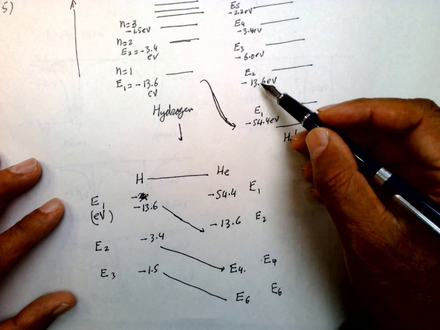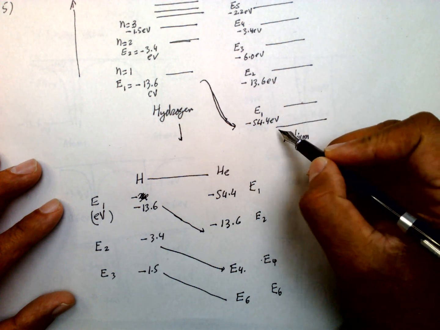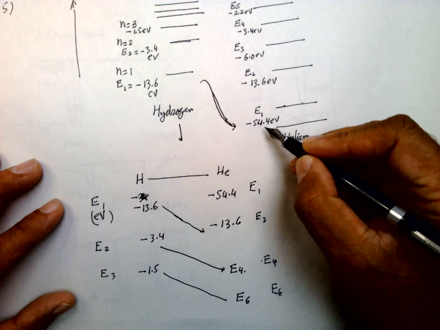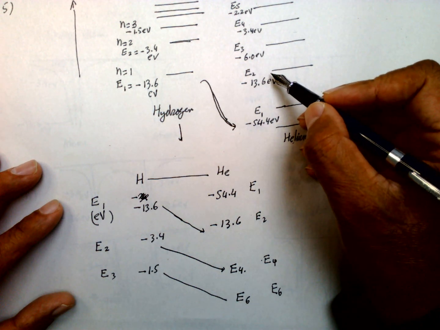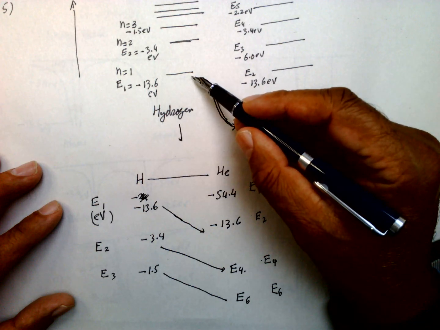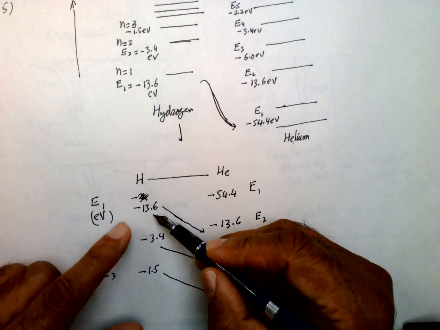The first excited state, or second level, is minus 13.6, exactly the same as the hydrogen ground state.